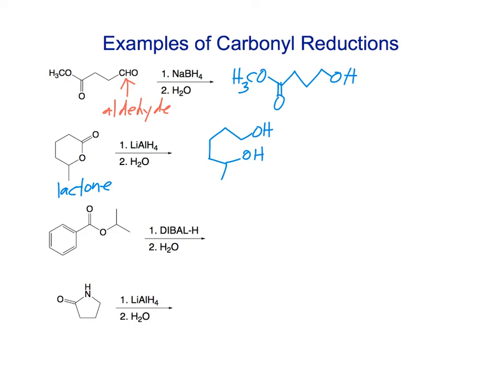All right, we're using DIBAL-H. What's the special thing about DIBAL when we use it to reduce an ester? It stops at the aldehyde. So this would give us benzaldehyde plus isopropanol.